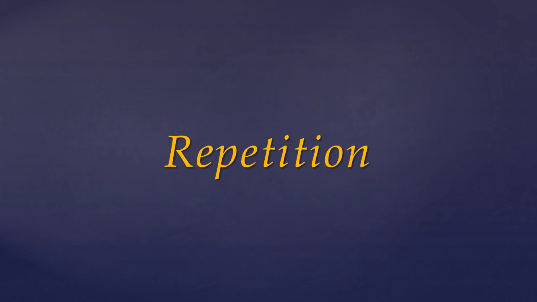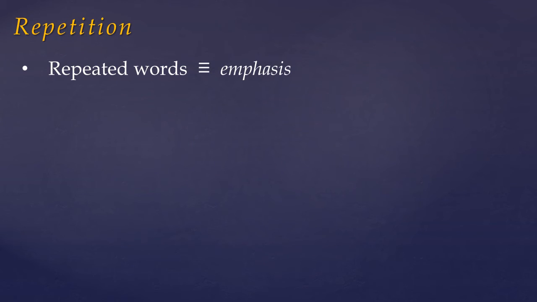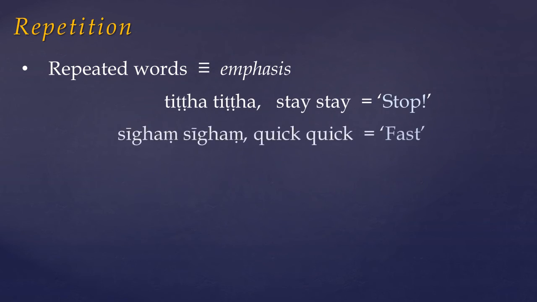And finally, we come to repetitions. We actually touched on this in lesson 12. Pali often repeats words for effect and most often for emphasis. For instance, tiṭṭha tiṭṭha, stay stay, means to stop.